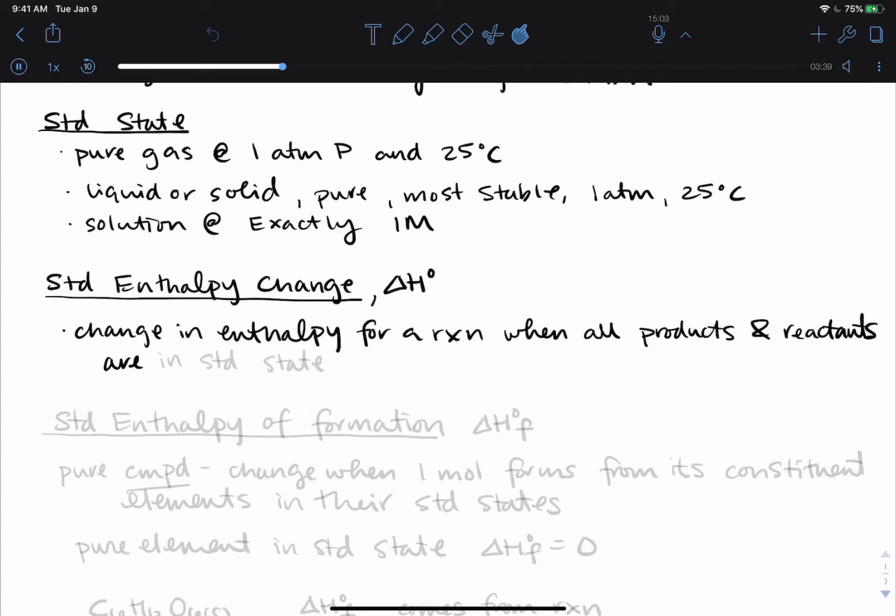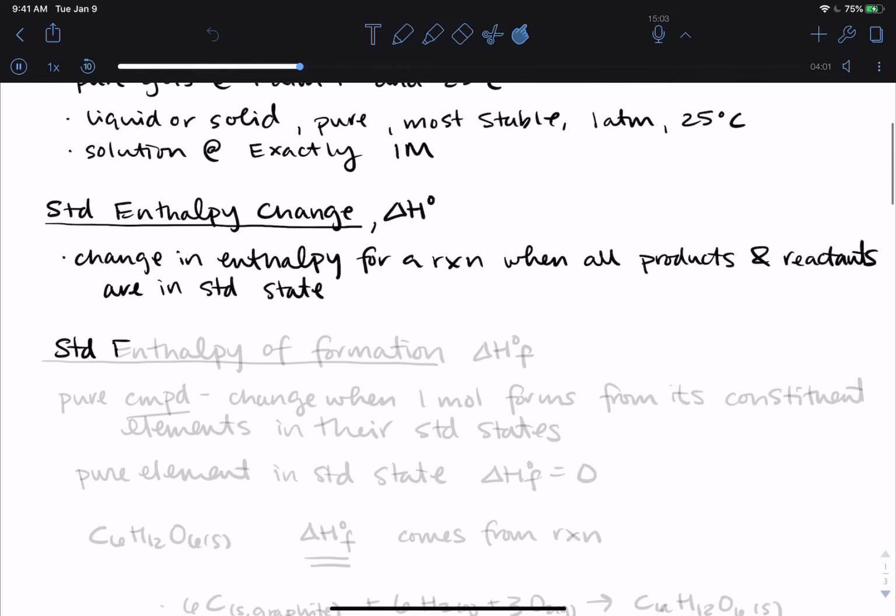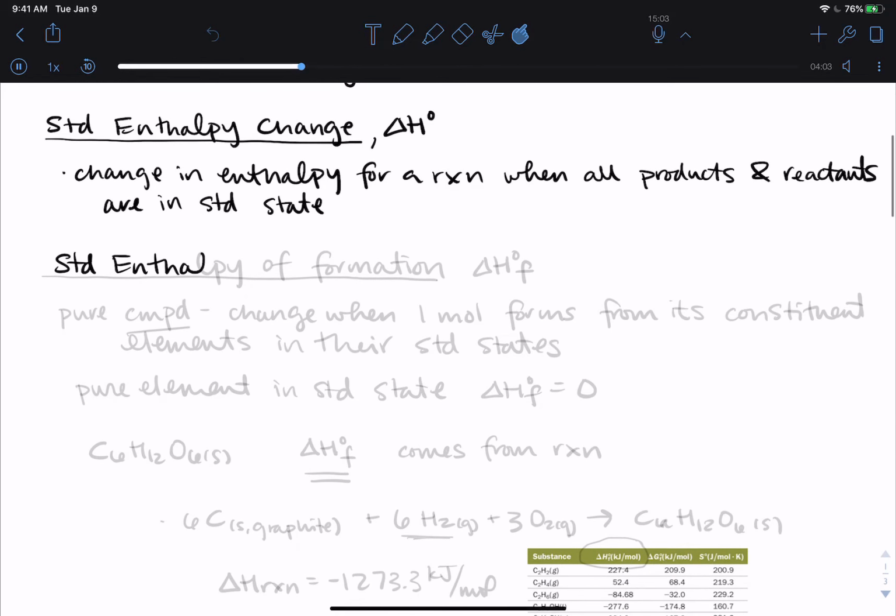All right, well, it hasn't technically helped us yet, but we know what a standard state is, so we can identify if the products and reactants are in a standard state. So I guess we can use that to figure out a standard enthalpy change. And we will do it using something called the standard enthalpy of formation.